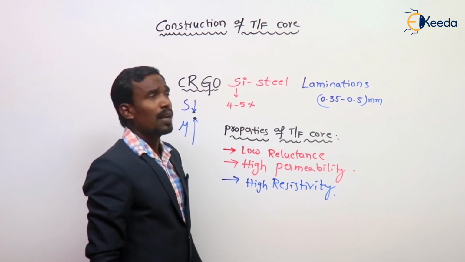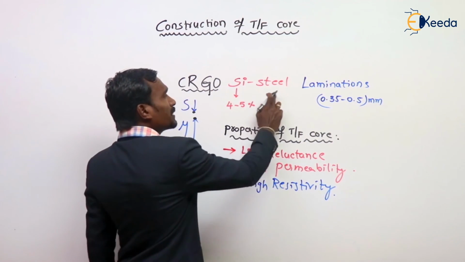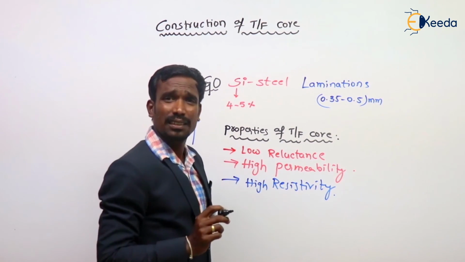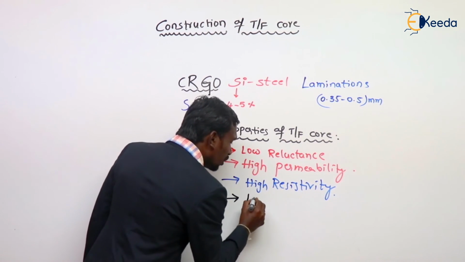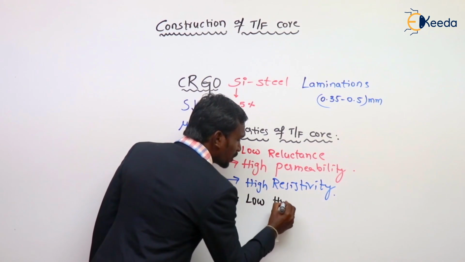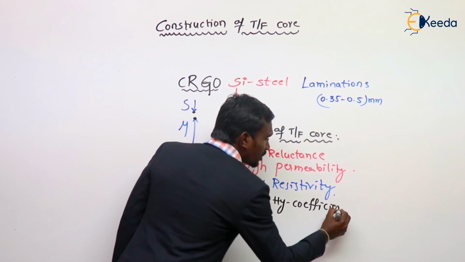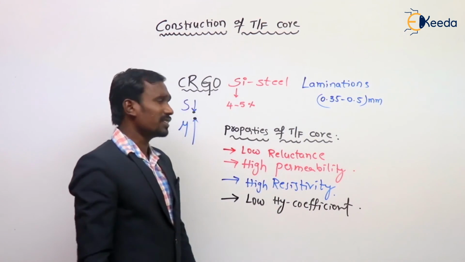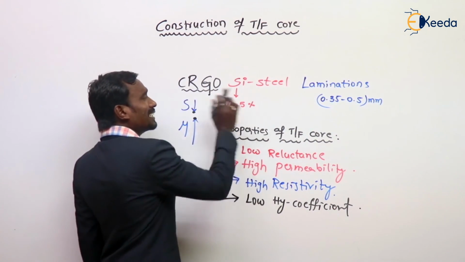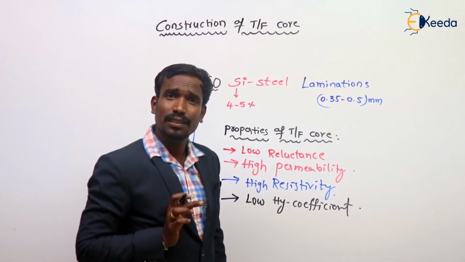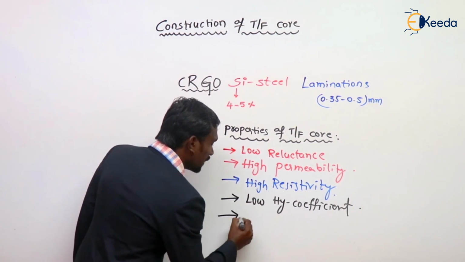Yes sir. And next one, why are we choosing this steel only? To reduce the hysteresis losses, because of its low hysteresis coefficient. Why are we not exceeding 4 to 5%? Because of brittleness, so low brittleness.